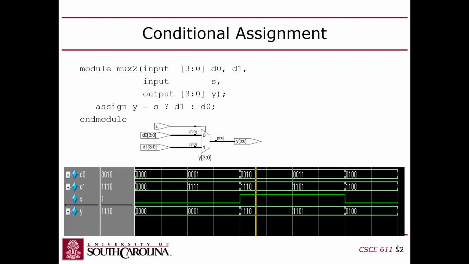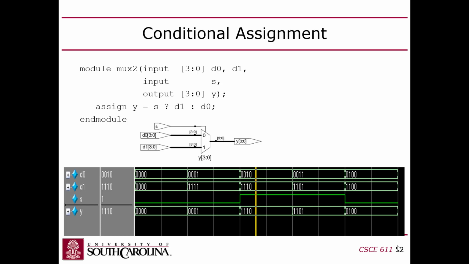So this is how you can build multiplexers in Verilog really easily. You say S question mark D1 colon D0. This whole thing will evaluate to D1 if S is true, and then assign that to Y, right?